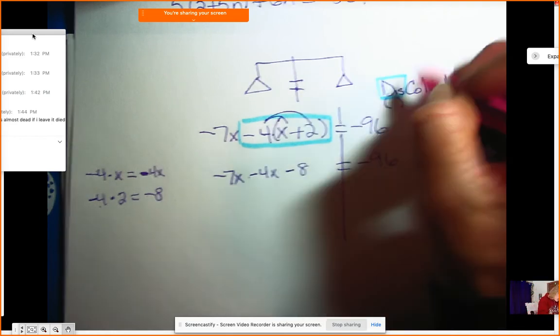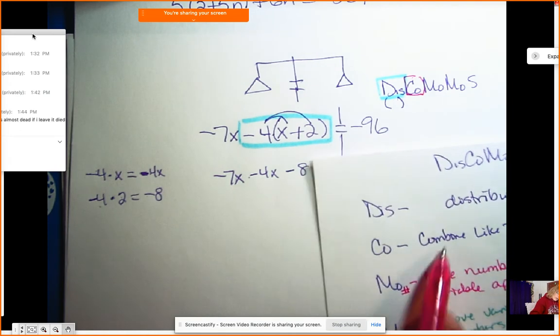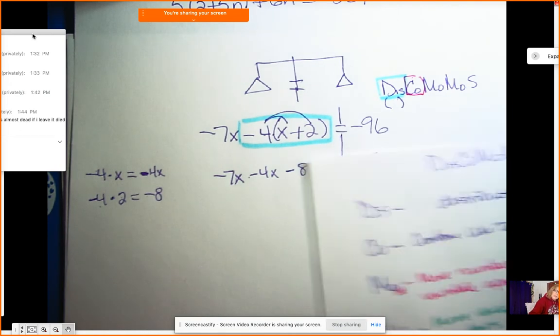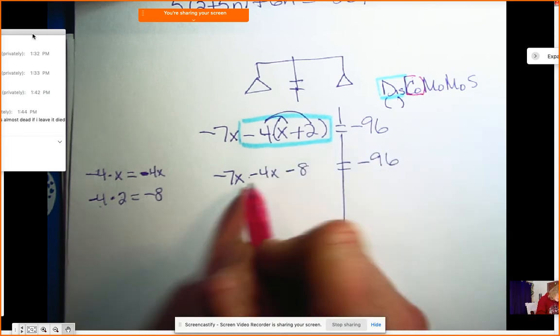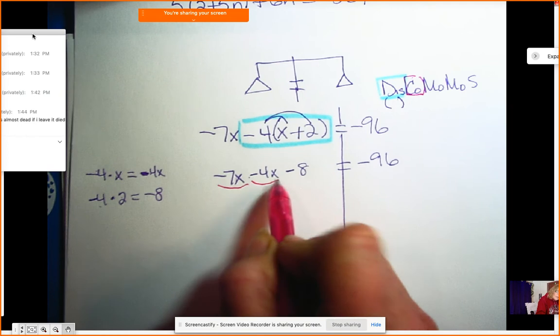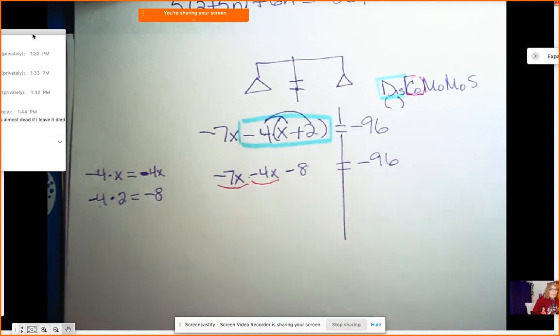Next up, co. What does the co stand for? Combine like terms. So if they look exactly alike, do you see how these two could be in one pile? I told you, you can only have a pile of variables and a pile of numbers. Well, there's two piles of variables. We need to combine them into one.